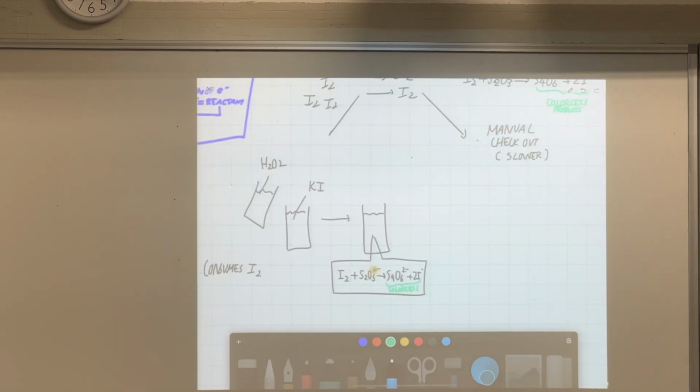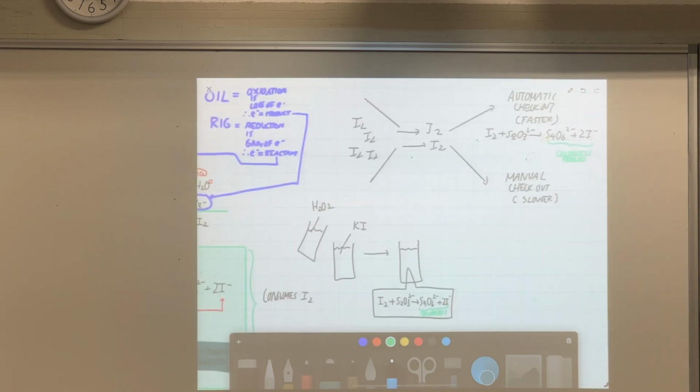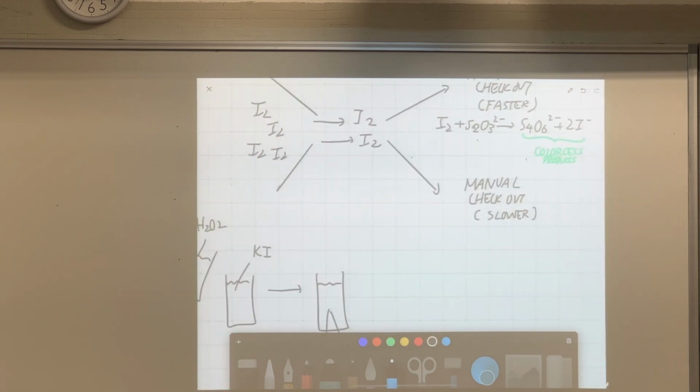But why would the solution suddenly turn blue-black then? That's because when all the thiosulfate is used up, just like in our analogy, when all the automatic checkout counters are occupied and you really must leave now, you have to go to the manual checkout counter. You have no choice. So the iodine is forced to react with something else, and that's starch.